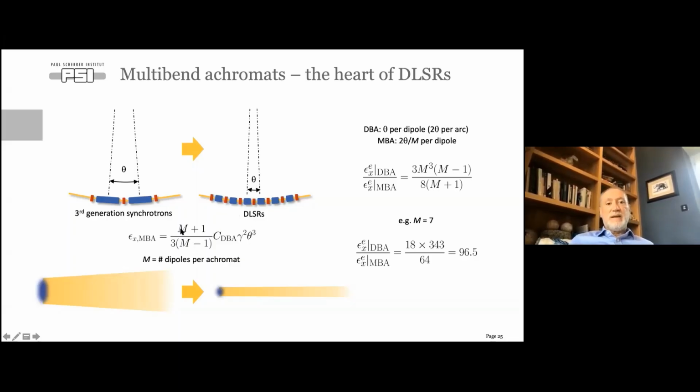Just for a sanity check, if we put m equal to 2, then we have 3 divided by 1, and all of these terms cancel out, and we just get the emittance for a double bend achromat.